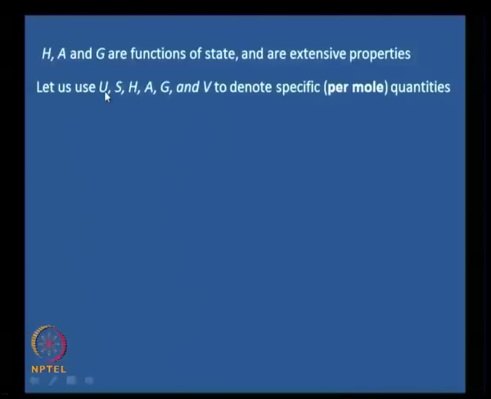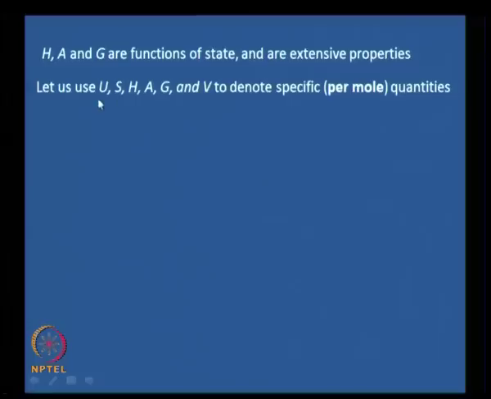In this particular course, let us use these symbols U, capital S, capital H, capital A, capital G, and capital V to denote specific or per mole quantities. You take a value and we normalize it, or we divide it by the number of moles or the mass of the system, then we get a specific quantity.